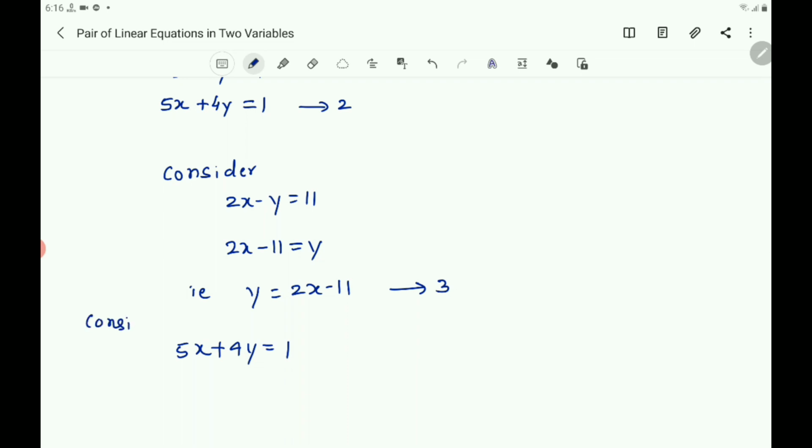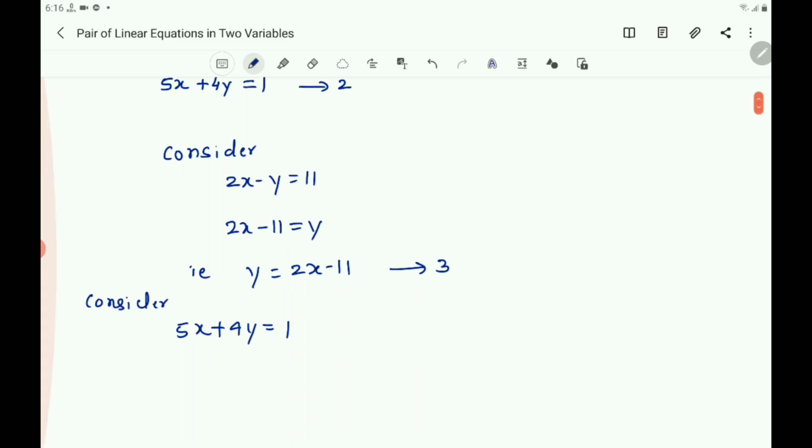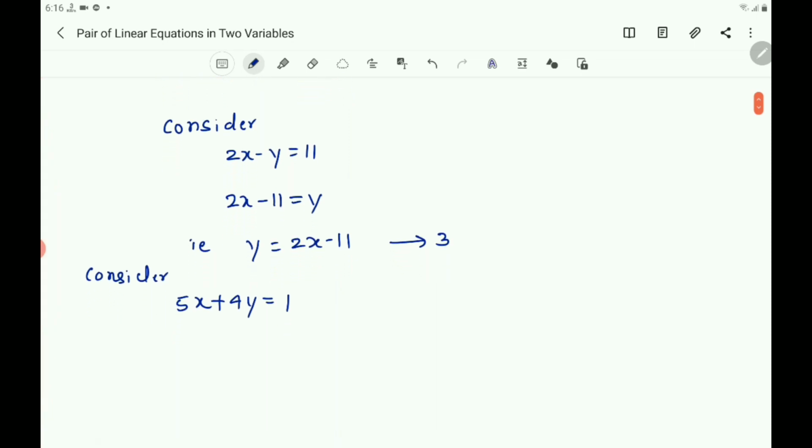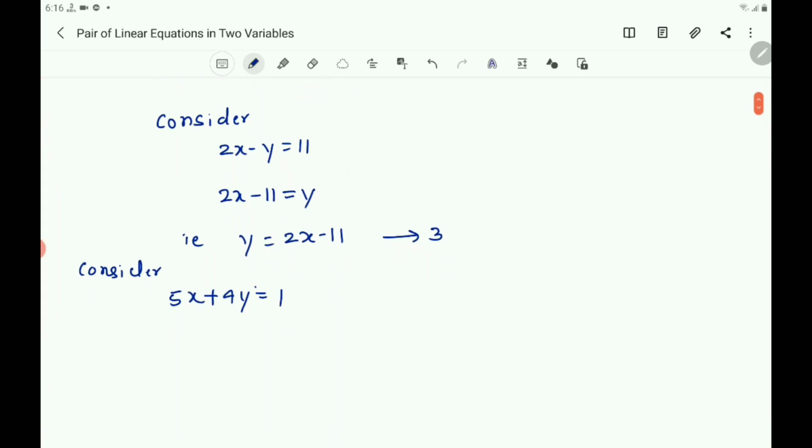Consider the remaining equation 5x plus 4y equals 1. Now here y is there. In the place of y you write 2x minus 11, that is, by substituting y equals 2x minus 11 in the second equation.